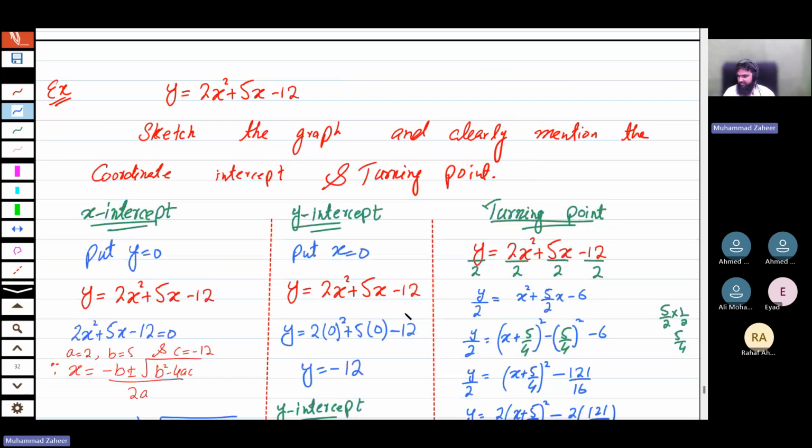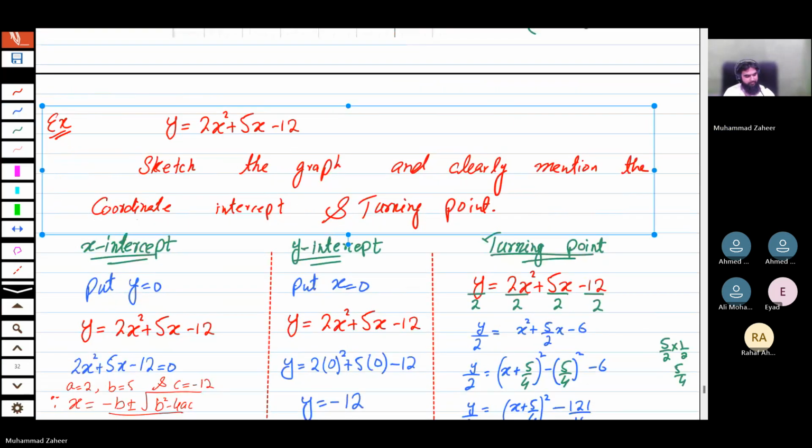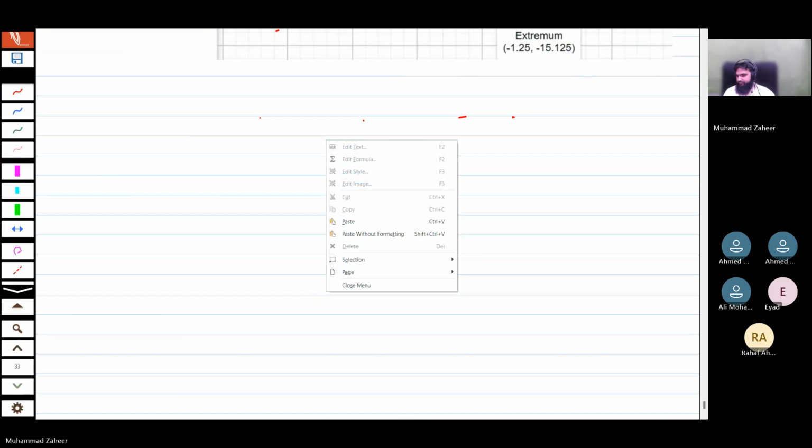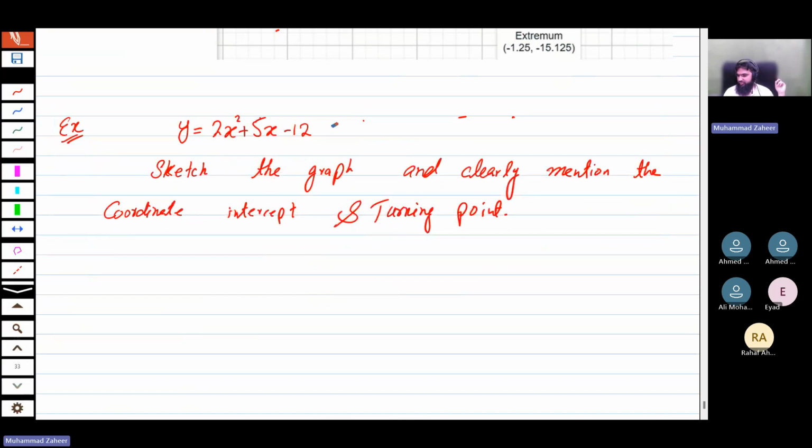The question is exactly the same. We have to sketch the graph. I'm just going to make a change in the equation. Now the equation is y equals f of x equals x squared minus 6x plus 9.